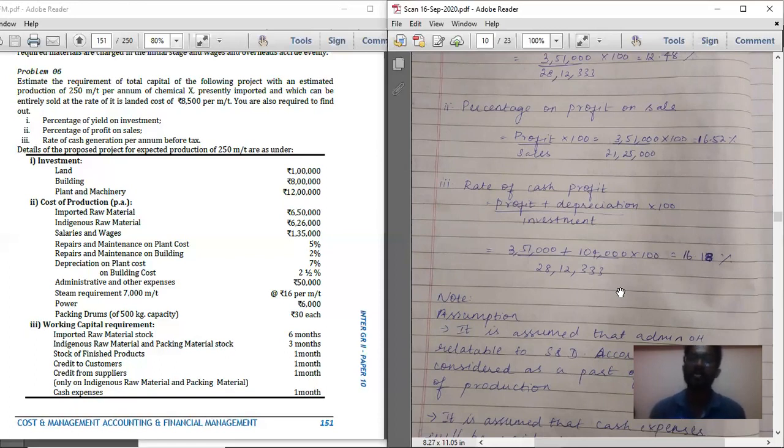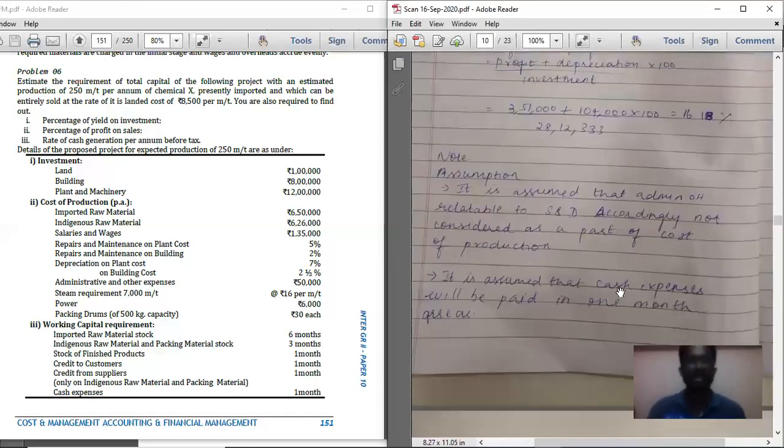So 3,51,000 plus 1,04,000 divided by 28 lakh 12,333 into 100 is equal to, calculate the answer, 16.18%.